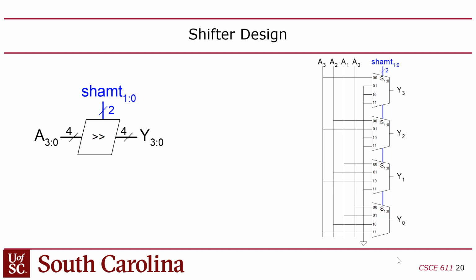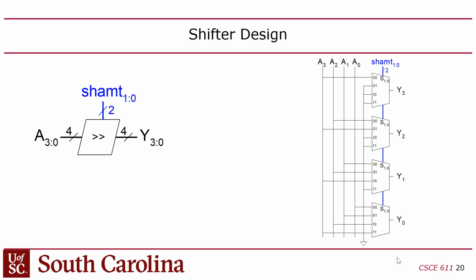Which way does this one shift? A0 goes to Y0 if the shift amount is 0. But if the shift amount is 1, then A0 goes nowhere, right?